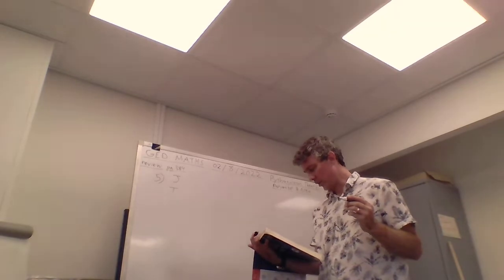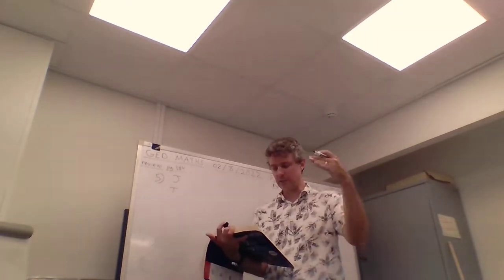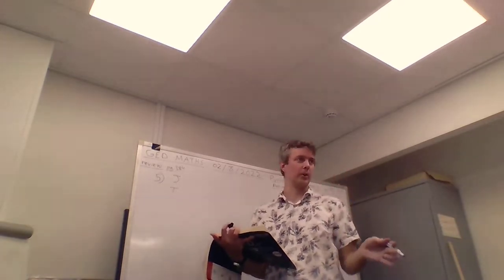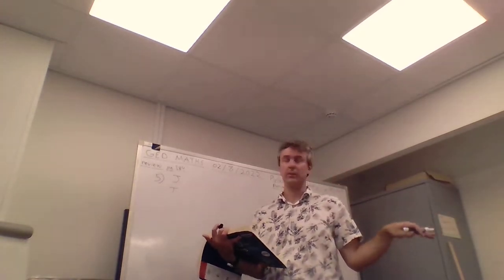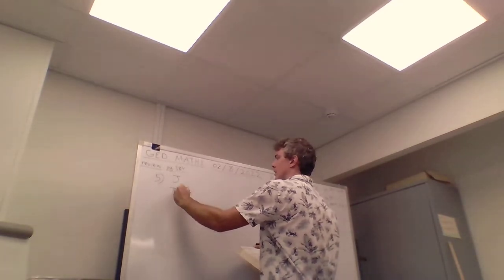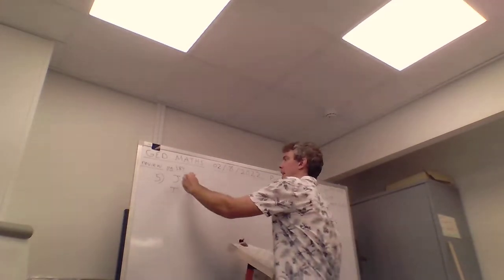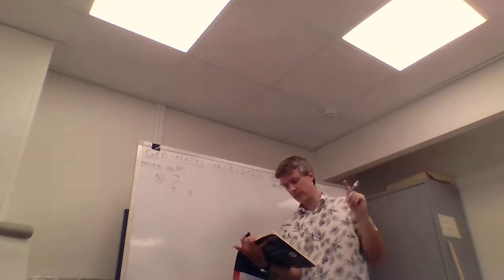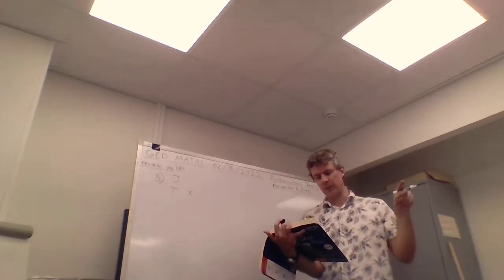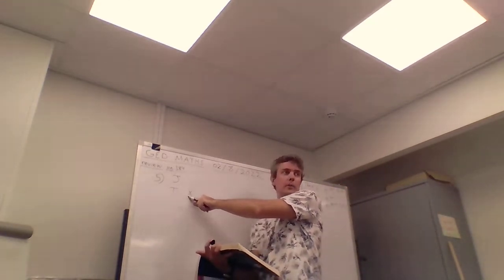Okay, so it says Jan earned 150 less than twice Tom's earnings. So Tom seems like the base, right? So we'll make Tom X, and now we'll write Jan in terms of Tom. Tom's earning is X. What is twice Tom's earnings?